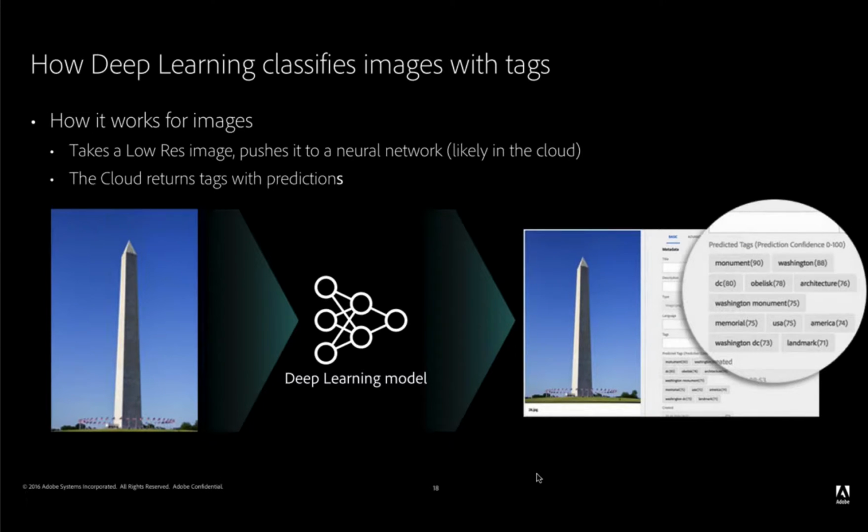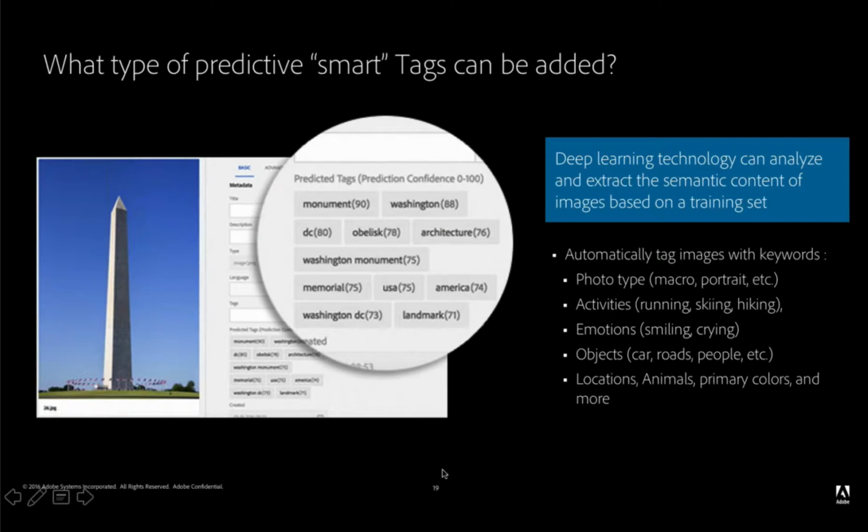You can bake it into just the ingestion workflow. And the tags you get out of it are pretty remarkable. So basically, we're looking at tens of thousands of different tags across a number of categories.